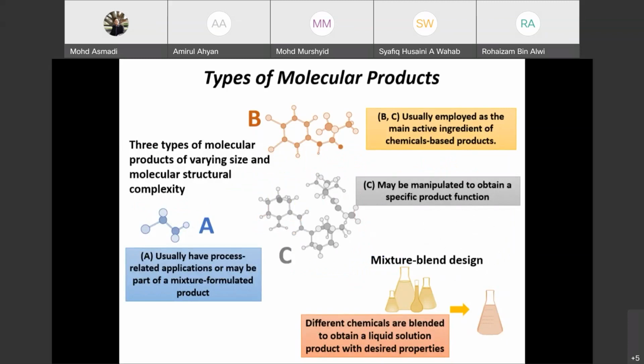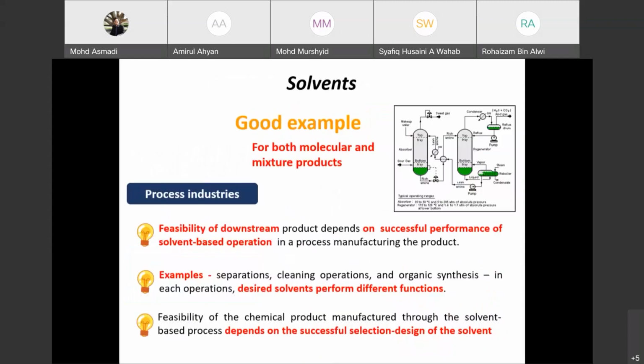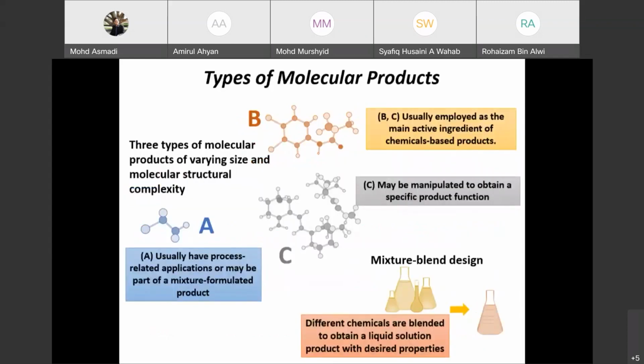Kalau you ingat balik, active ingredients untuk dia punya main lah, key ingredient. Okay, kalau tak ada ni dia tak boleh buat produk tu. Okay. And the third one C is kita manipulated lah to a specific product function. Okay. And then ada D, rasanya macam ada D. Okay. Yang last one is the mixture blend. Yang atas tu type of the molecule.